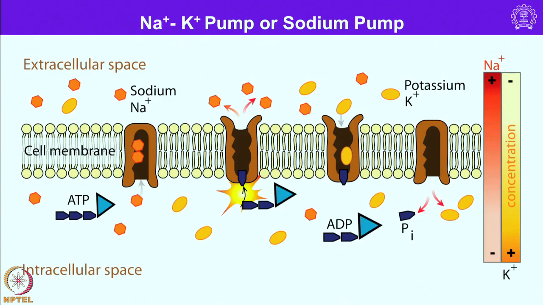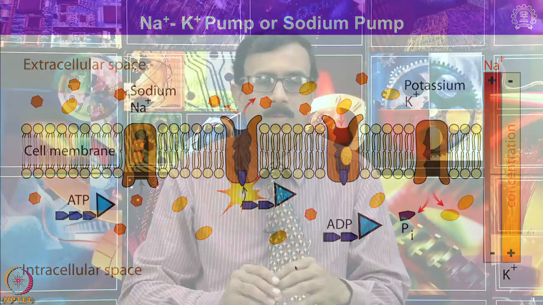You can see here, this is where the sodium ions are and this is where the potassium ions are, and whatever is shown here is intracellular space, and this is extracellular space. In extracellular space, sodium ion concentration is more, and in intracellular space potassium ion concentration is more.